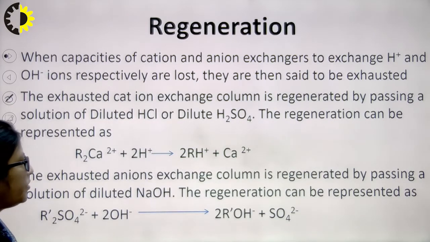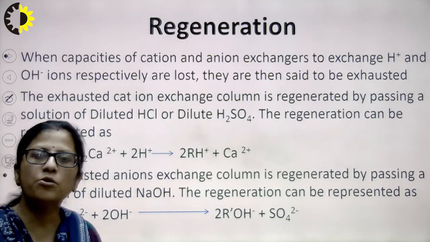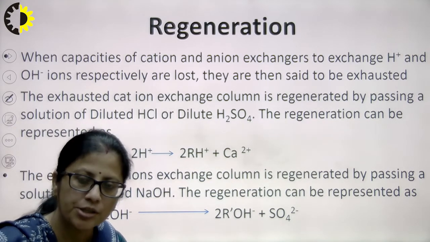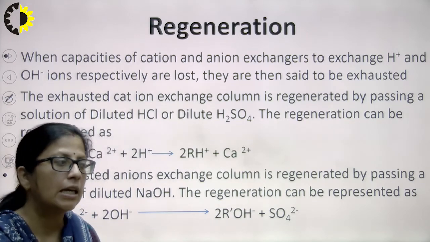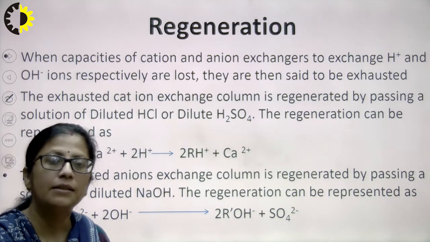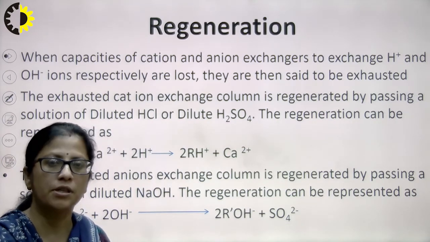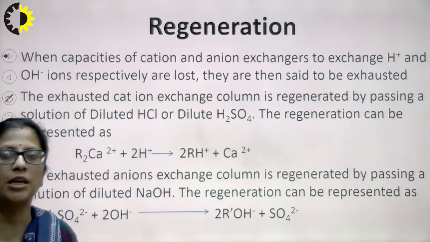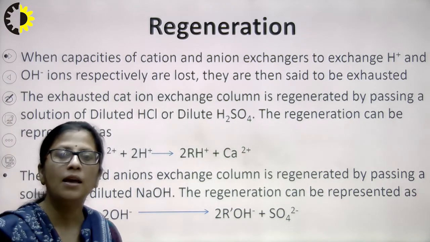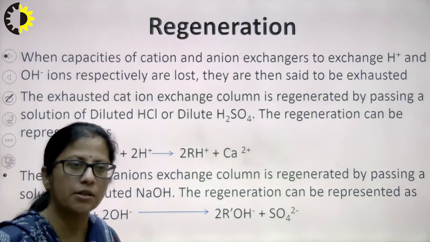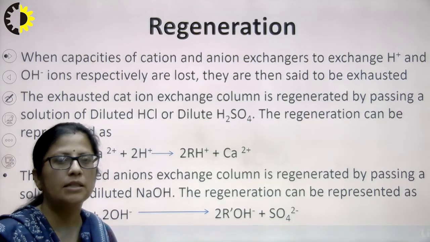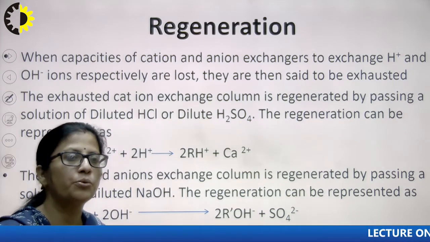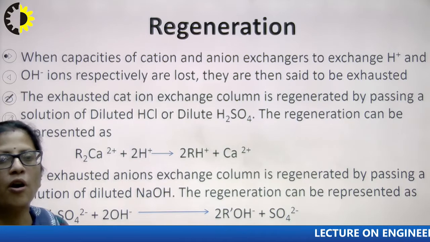Now, coming to the regeneration process, how do we regenerate? When the capacities of cation and anion exchangers to exchange H plus and OH minus are lost, then they are said to be exhausted. When they are not in a condition to exchange their H plus and OH minus, then they are said to be exhausted. Therefore, the exhausted cation exchange column is regenerated by passing a dilute solution of acid.